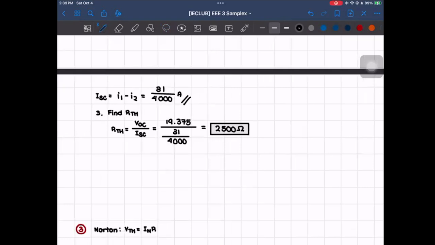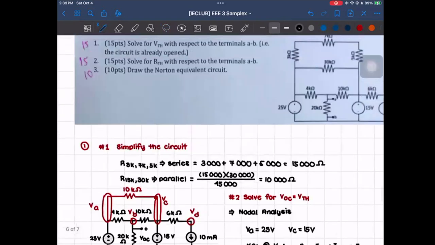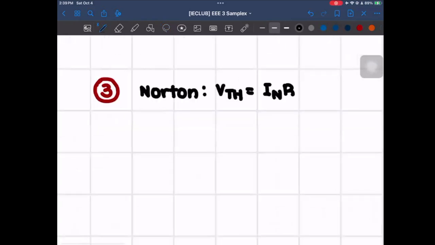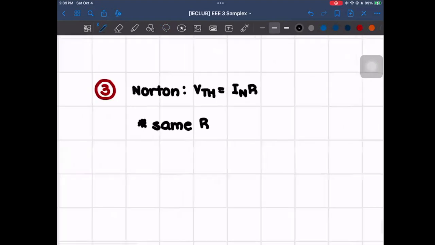And then for number 3, what we have to do is draw the Norton equivalent circuit. We do know that in the Norton equivalent circuit, our R will be the same R, but Norton is going to be a current source and a resistor.